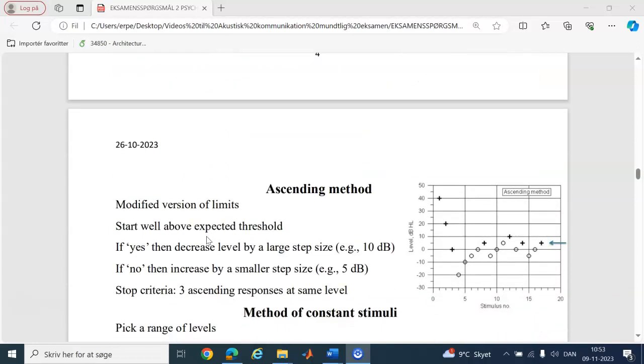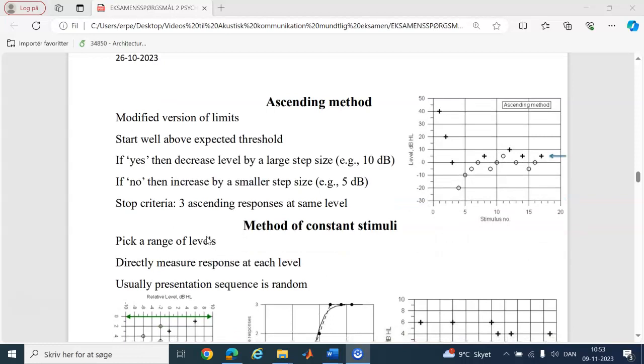Then you have the scanning method, a modified version of limits. You start well above the expected threshold. If you get a yes, then decrease the level by a large step, for instance 10 dB each time.